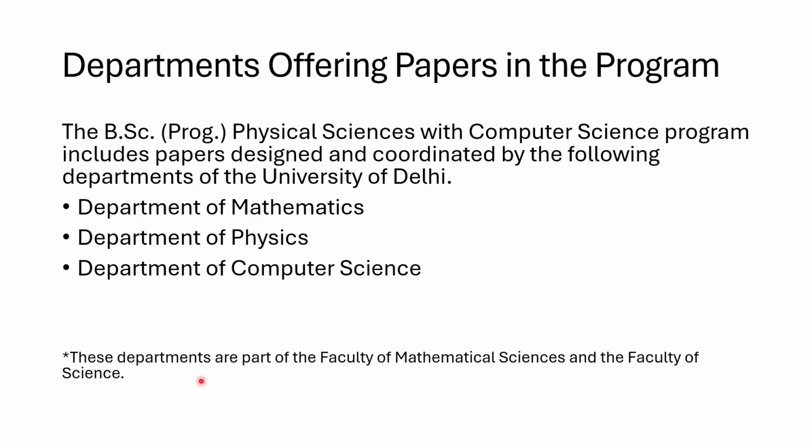Then we also have physical sciences with chemistry. We will cover them in the upcoming videos. And yes, this can be a very good course. You'll see the syllabus. If you like to mix the different streams like that and get into research, for example interdisciplinary research, this is going to be a very good course.